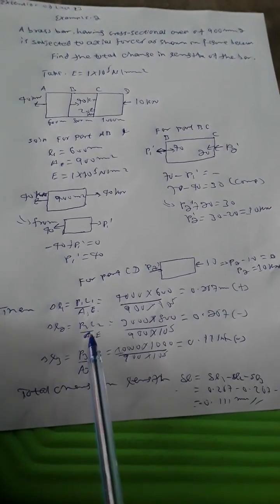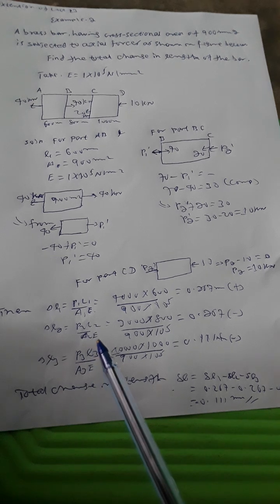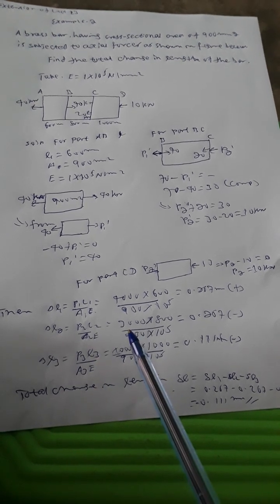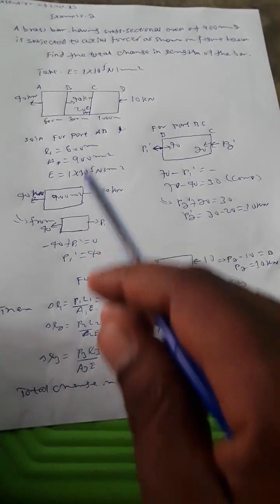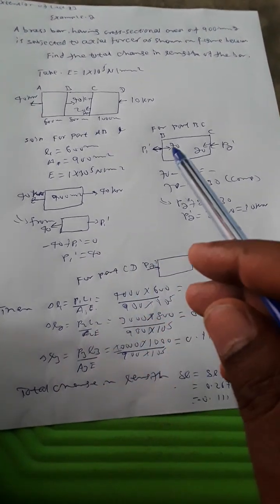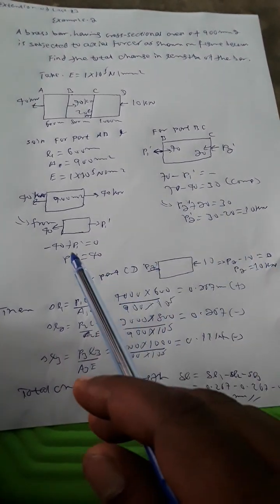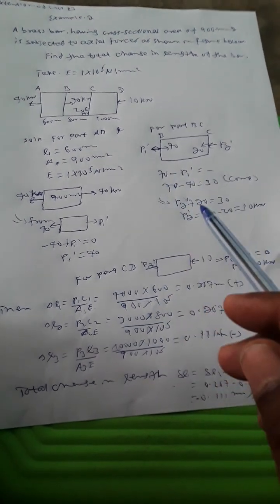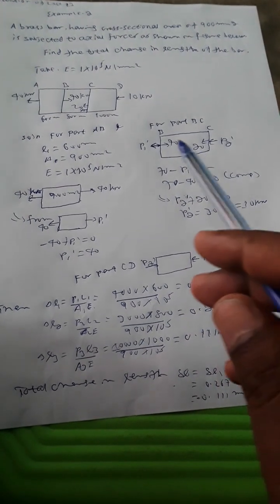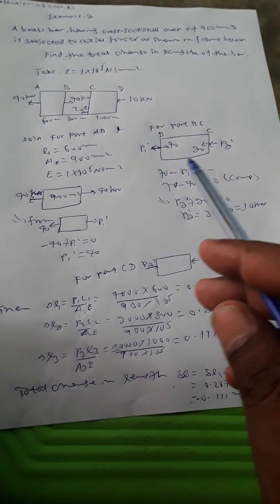Change in L2 is P2 L2 over A2 E. This is 30,000, since this is 30 kilonewton compressional force on this object.